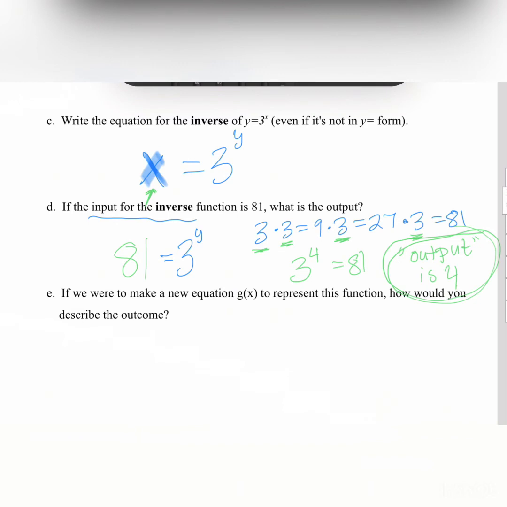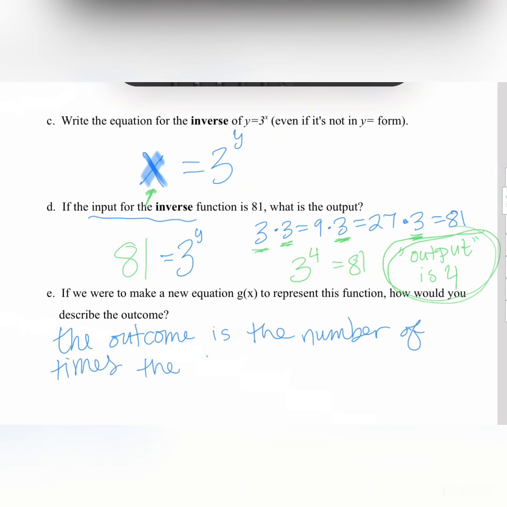Now, if we were to make a new equation g of x that represents this function, just exactly what we did in C and D, how would you describe the outcome, which again is that y value? So the way that I make sense of it in my head, the outcome is the number of times the base, which we know was that 3, is multiplied.